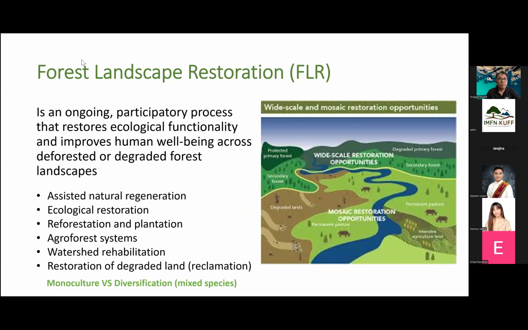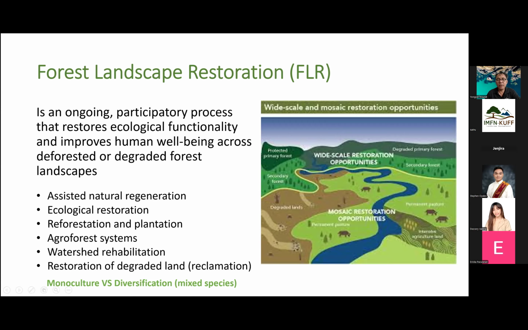In other words, forest landscape restoration is defined as an ongoing and participatory process to restore ecological functionality and improve human well-being in the deforested or degraded forest landscape.